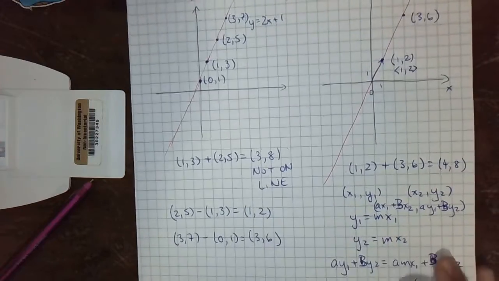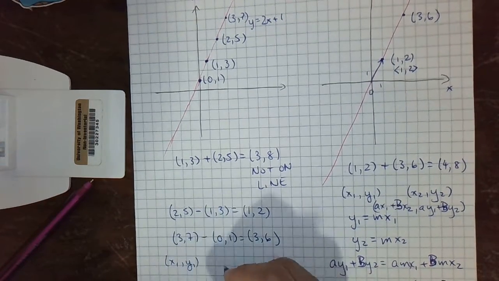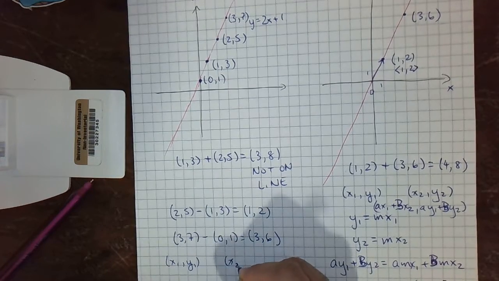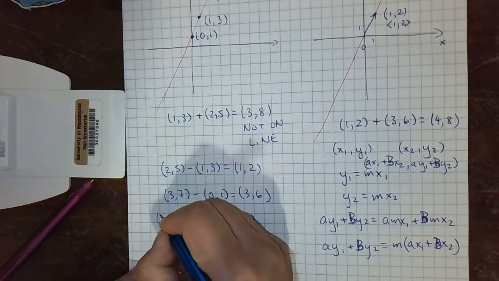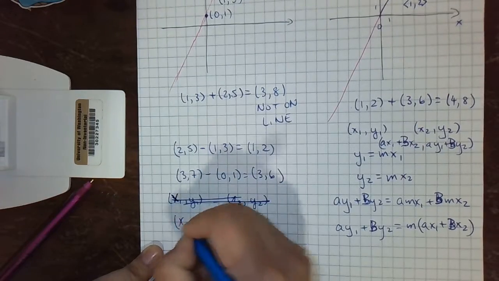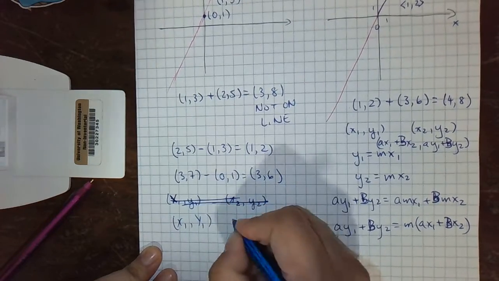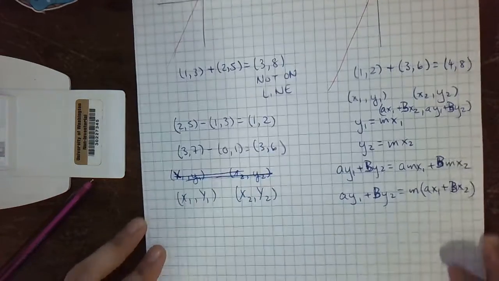We can say, let's say we have X1, Y1, and X2, Y2, this time satisfying this equation. I'm not doing a great job of making different letters this time. Let's make them capital letters so that we're not using the same variables in the same problem for different things.